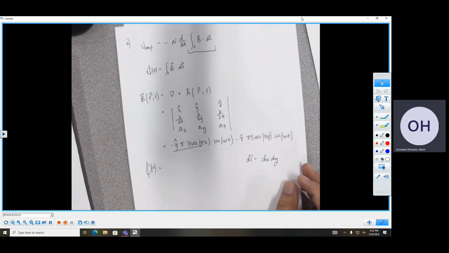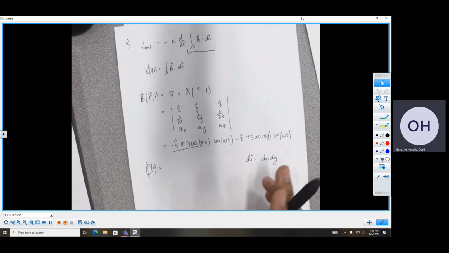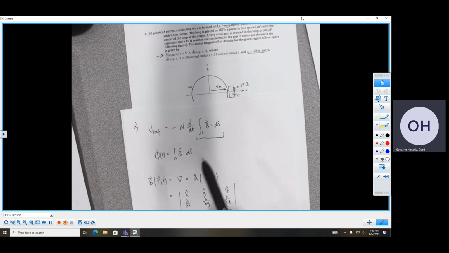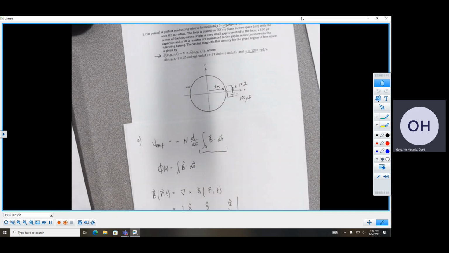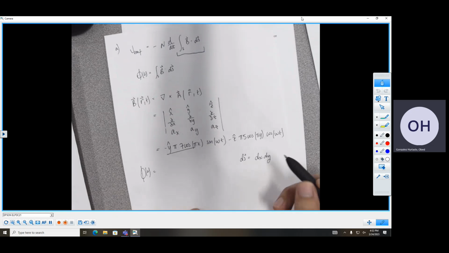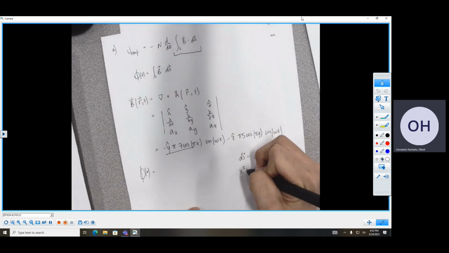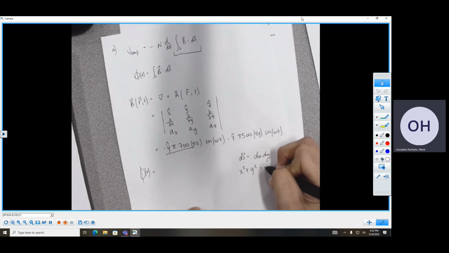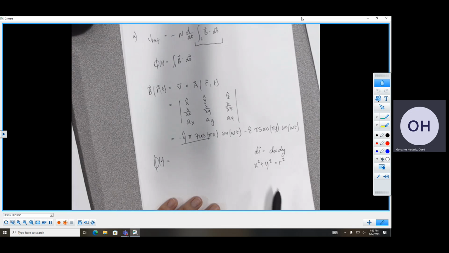And for this, one thing we need to know is the equation of a circle. What's the equation of a circle? Pi r squared, like the area. The equation of a circle, like if you want to plot a circle: x squared plus y squared equals some constant. There we go. So we'll use that.